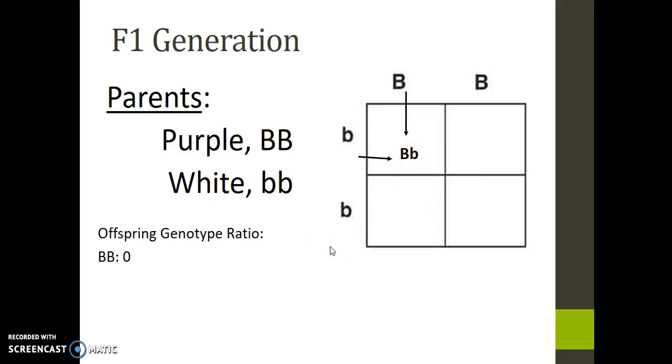Okay, so our genotypic offspring, we won't have any with the homozygous dominant genotype. All four of them will have that heterozygous genotype, and none of them will be homozygous recessive. So now let's look at what happens if we take two from this generation, and cross them together.